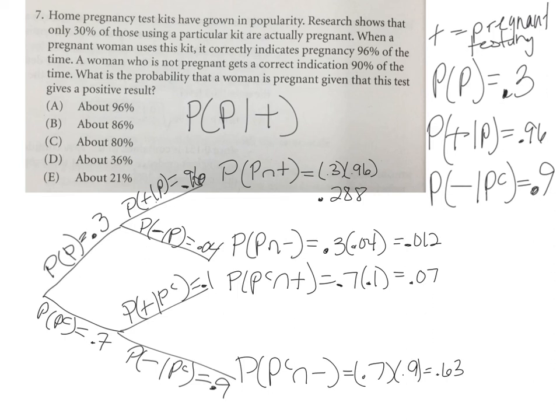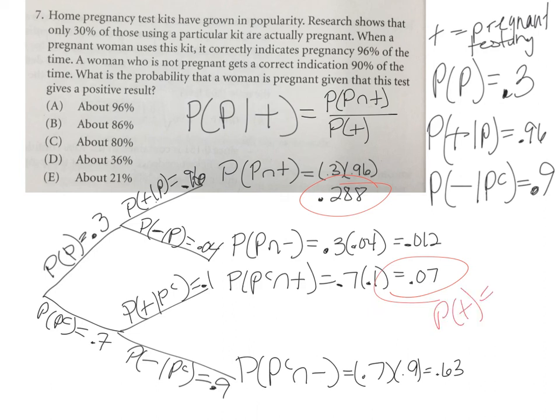So now we can go back to what it's asking us. What is the probability of P given a positive? And use our probability formula to say that is equal to the probability of P and a positive divided by the probability of a positive. Now the probability of a positive will include being pregnant and getting a positive and not being pregnant and getting a positive. So the probability of a positive is 0.288 plus 0.07, which is 0.358.